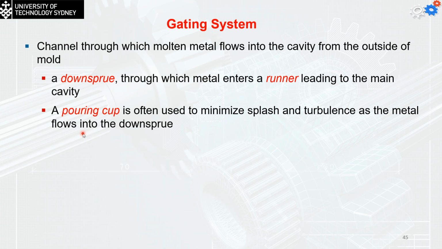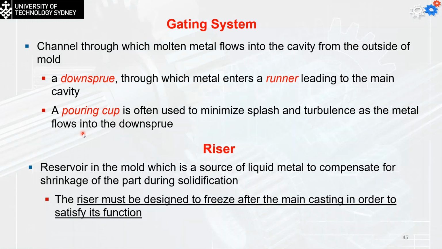Also, it's wise to add some vent outlets, and this will prevent the compression of the gas that would resist the filling of the mold cavities. The riser is a reservoir in the mold, which is a source of liquid metal to compensate for the shrinkage of the part during the solidification process.